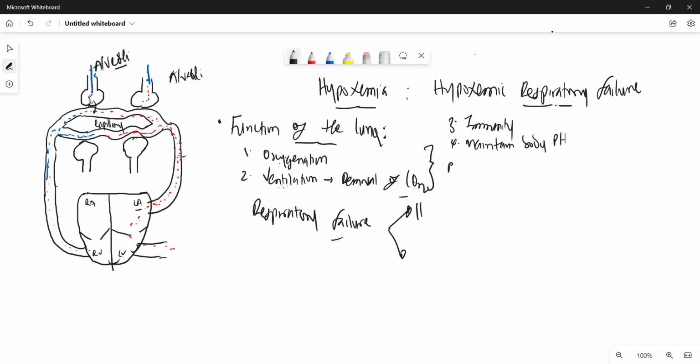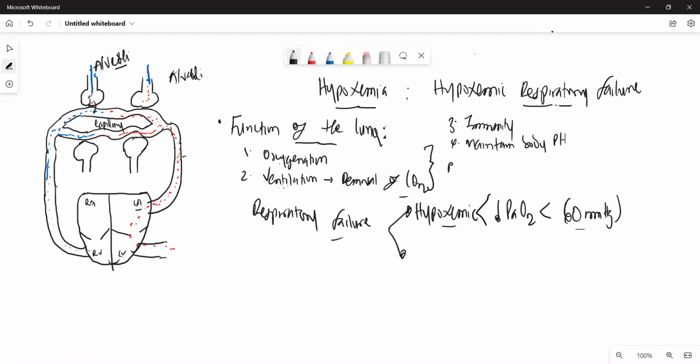In other words, we're going to call it hypoxemia or hypoxemic respiratory failure. And by definition, hypoxemic respiratory failure is when there is decrease in the partial pressure of oxygen. So in other words, less than 60 millimeters of mercury.